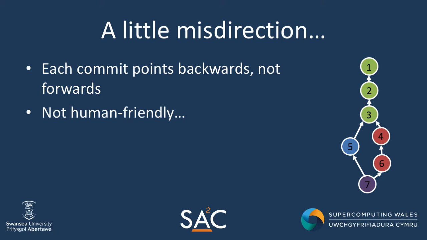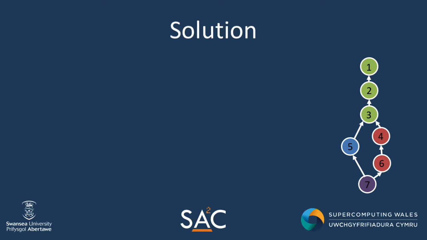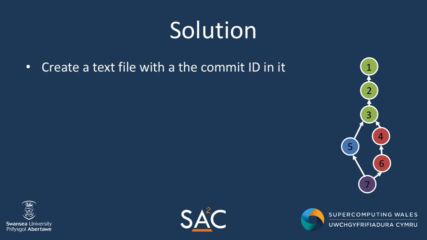So we need a slightly more human-friendly way to say what we're working on, particular parts of these chains that we're interested in, bearing in mind that Git, in the short term at least, doesn't really delete things. So all of these things that we've tried and reset and gone back and moved around, they're all still there, lying in this soup. So the solution is surprisingly simple, as with many other things in this content management system.